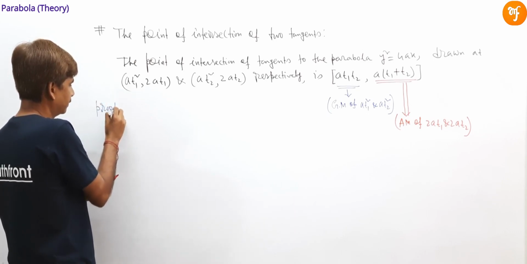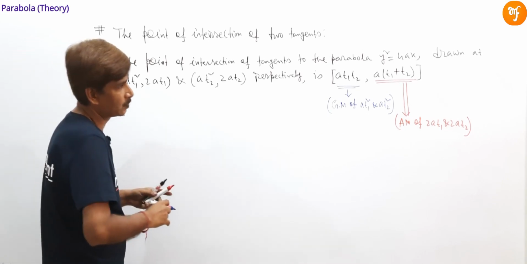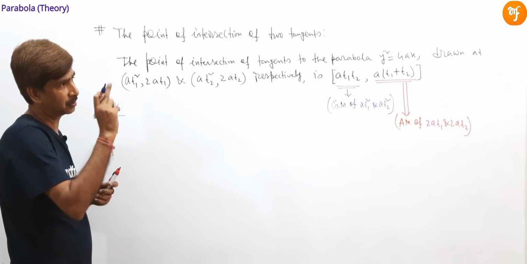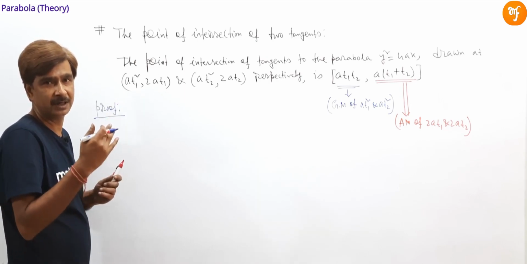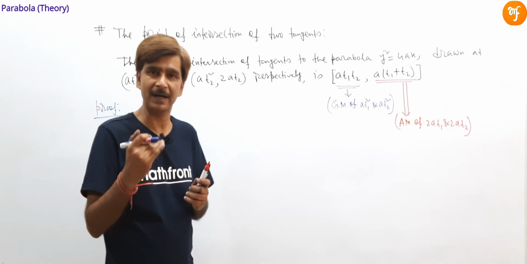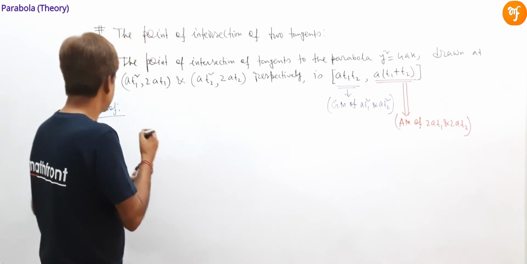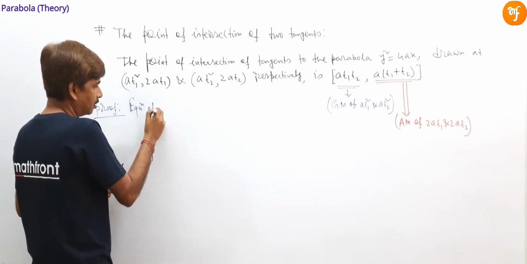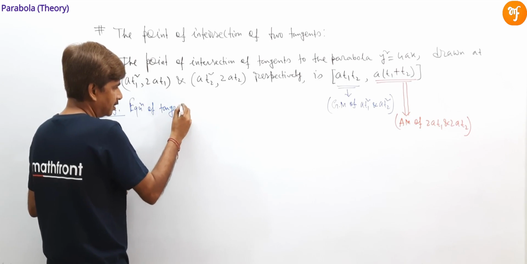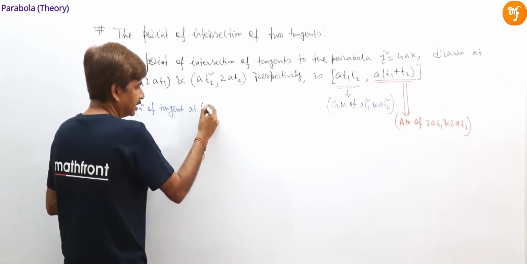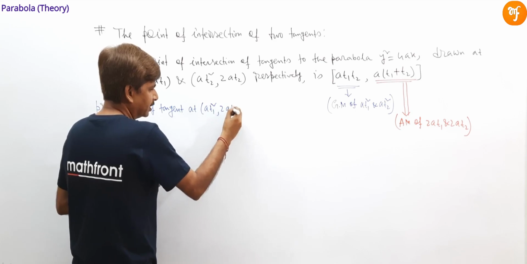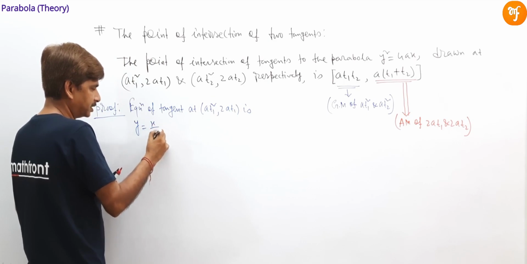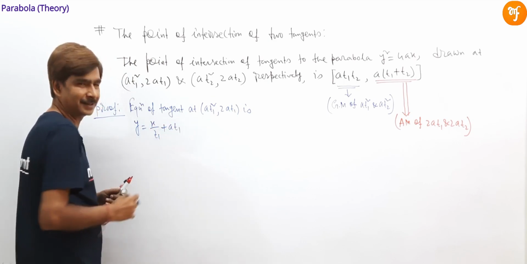The equation of tangent at (at1 square, 2at1) to the parabola y square is equal to 4ax is y is equal to x by t1 plus at1, is it?